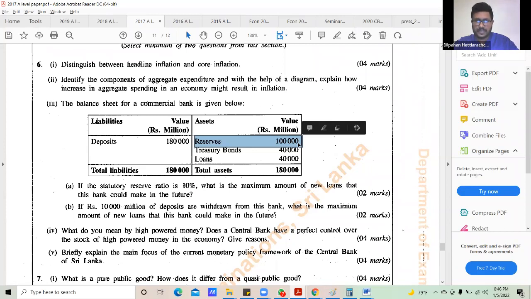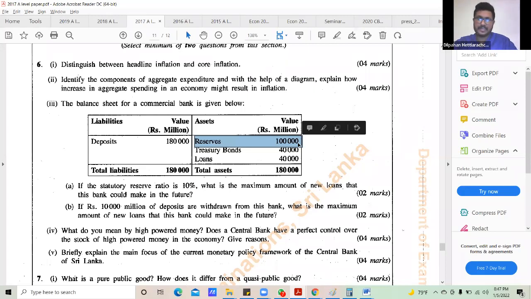First of all, we'll try to understand what this statutory reserve ratio is. SRR means a specific percentage decided by the central bank for commercial banks. This is the percentage that commercial banks need to hold as reserves from their deposits, right?